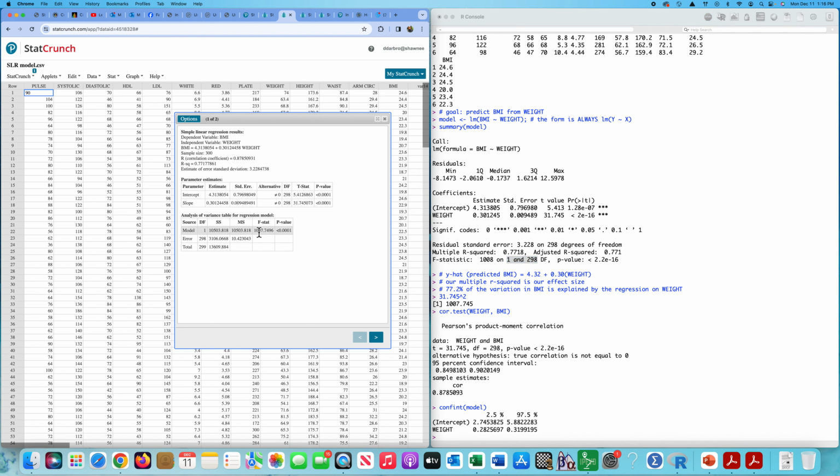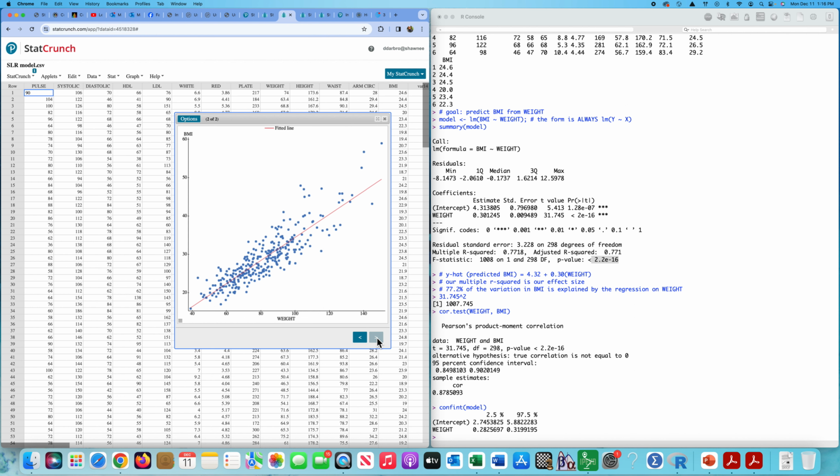Notice our F statistic is 1007.75. R has rounded that to 1008. And notice our p-value is statistically significant at the 0.001 level, which is the same p-value we have right here. It's just reported a little differently.